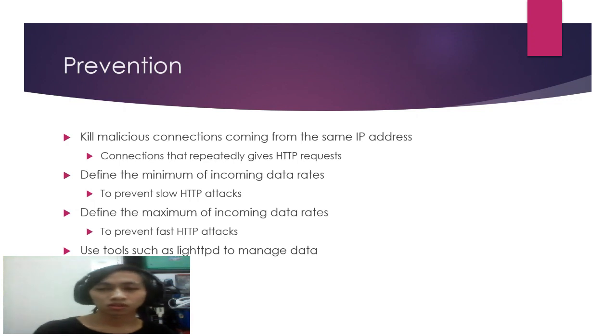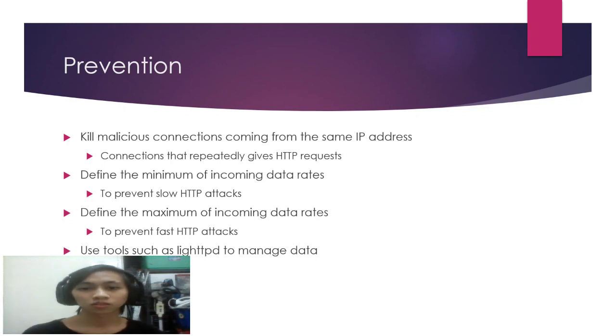Prevention of HTTP requests. We should be able to kill the malicious connections coming from the same IP addresses. Connections that are repeatedly giving HTTP requests should be easy to target and kill. Define the minimum of incoming data rates. This is to prevent slow HTTP attacks.